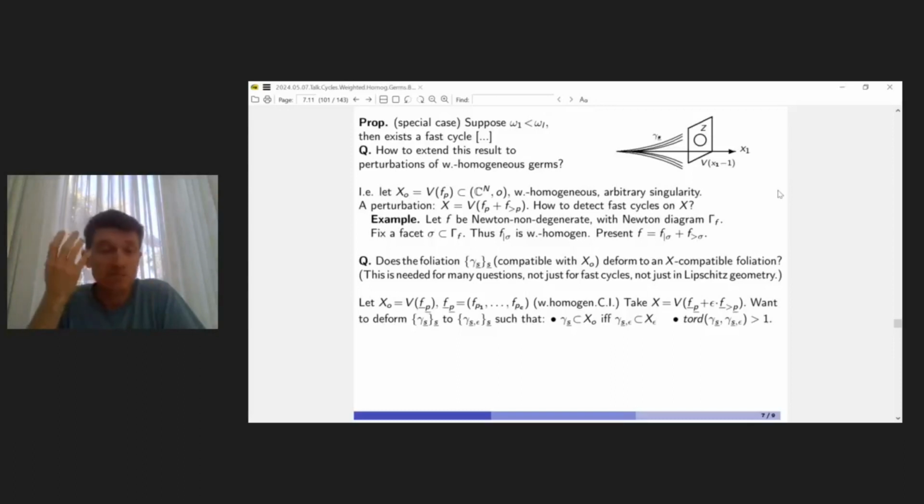This is the compatibility. And another condition: when we deform, we want that the arcs will not jump. We want the deformation somehow continuous, which means the tangency order or the contact order of the arc and its perturbation will be bigger than 1.